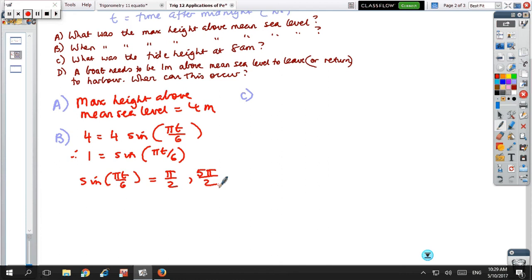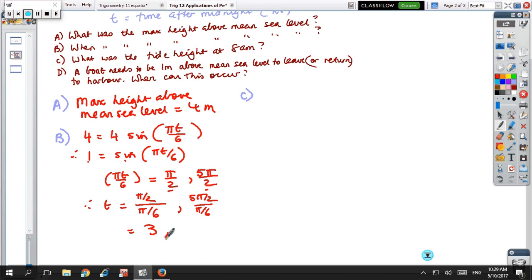Actually, beg your pardon, I'm going to change that. So that should be just, I'll get rid of the word sine. So pi t on 6 equals inverse sine of 1, to get those two numbers. And so t will be pi on 2 divided by pi on 6, and 5 pi on 2 divided by pi on 6.